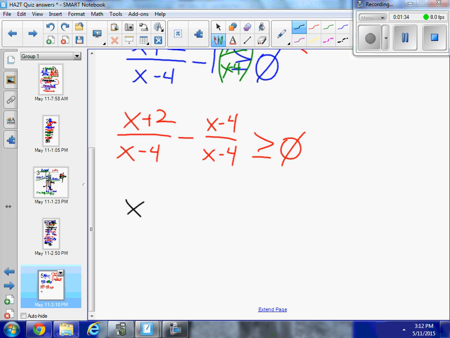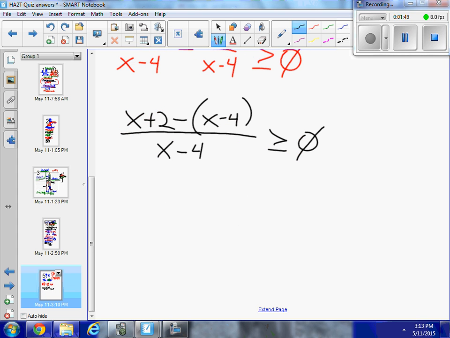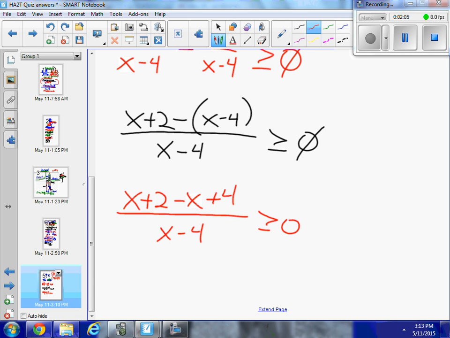So I have x + 2 minus, and I'm going to use parentheses here, (x - 4), divided by my common denominator, x - 4, greater than or equal to 0. x + 2 minus x plus 4, divided by x - 4, greater than or equal to 0.